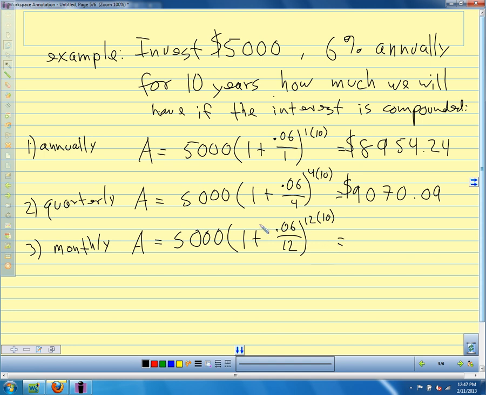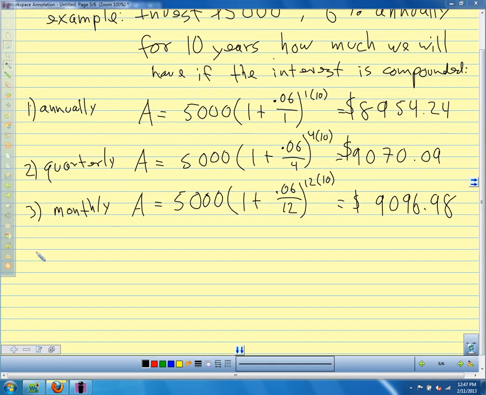And if I calculate that all out, 0.06 divided by 12, add 1, raise that to the 120th power, multiply by 5,000, and I get $9096.98. So it goes up just a little bit if I change from quarterly to monthly.